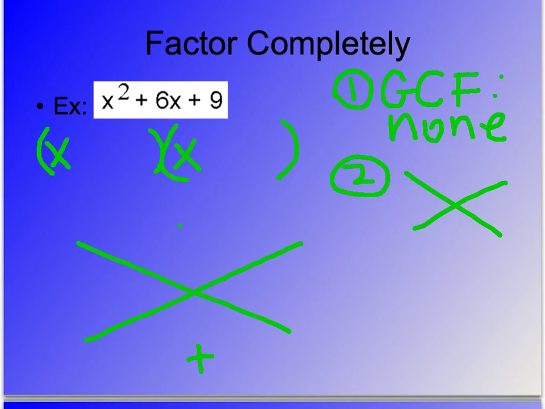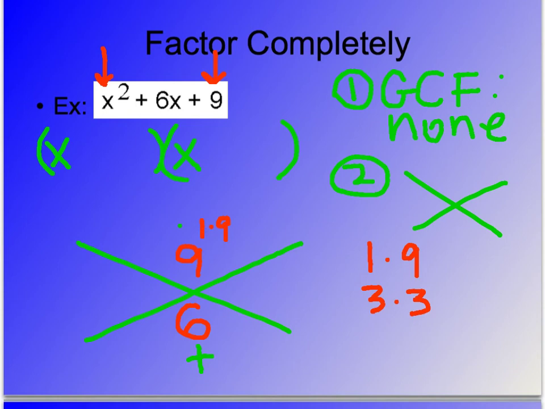Now to get this product on the top, I take the coefficient of the first term and the constant, and that would be 1 times 9, which gives me 9. And the sum is the middle term that is left, which is a positive 6. So now, thinking about the factors of 9, I know that there are 1 and 9, and 3 and 3.